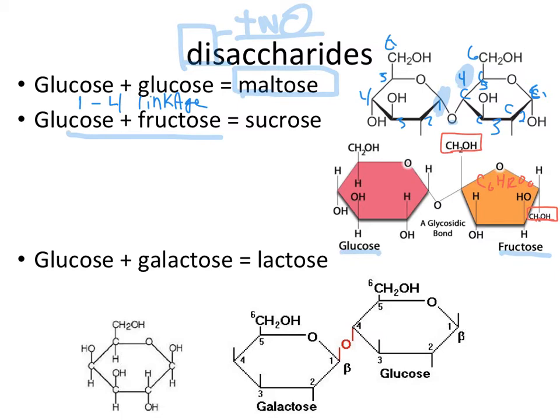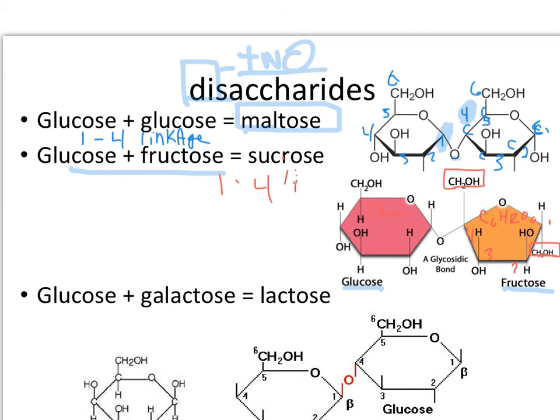And then of course this is still C6H12O6 as well. And so this is a 1, 2, 3, 4, again a 1,4 linkage. So you've got a 1,4 linkage there as well.